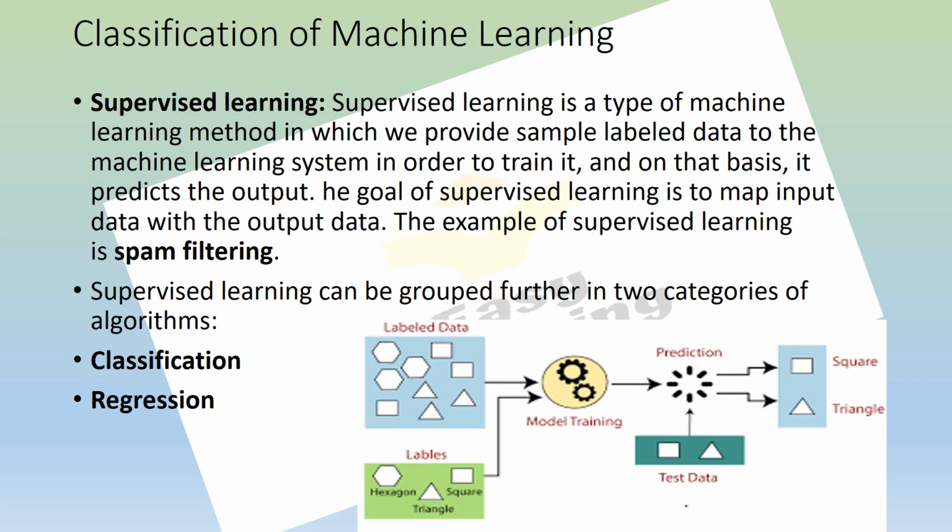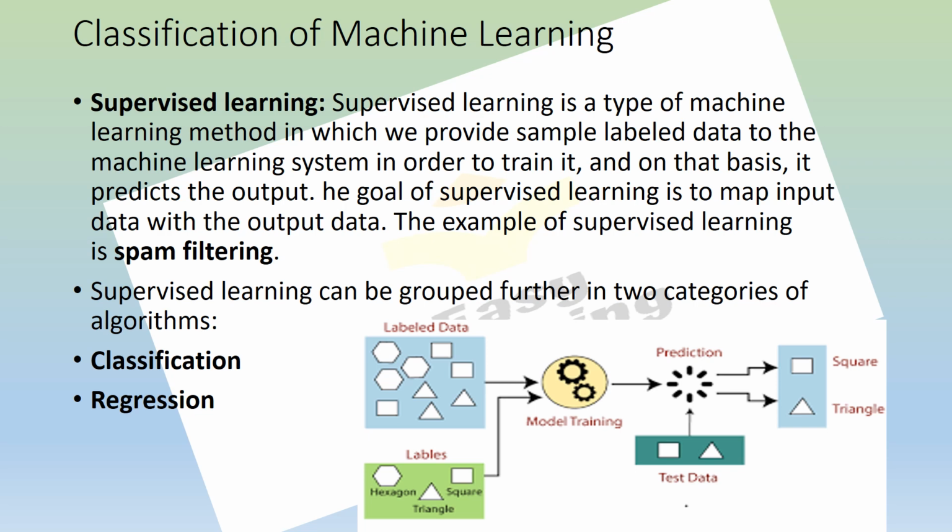Classification of machine learning. We have broadly three types of classification in machine learning. First is supervised learning, second is unsupervised, and third is reinforcement. In supervised learning, machines are trained using well-labeled training data. On the basis of training data, the machine predicts the output.